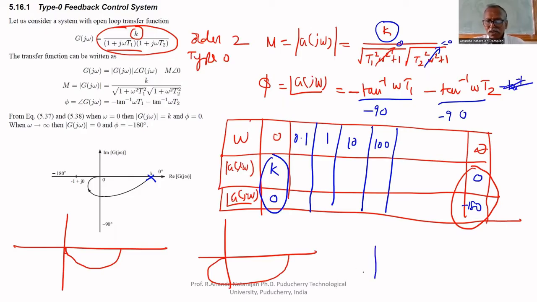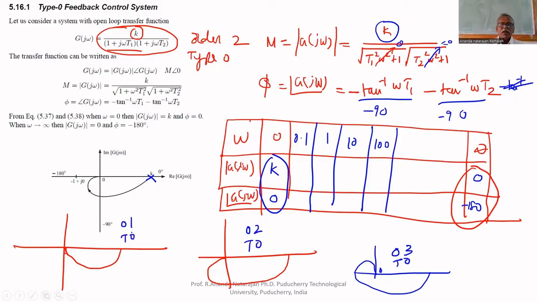Therefore, for third order the plot will look like this. It approaches the origin at minus 270. This is order 3 type 0, this is order 2 type 0, this is order 1 type 0. These are all type 0 systems.